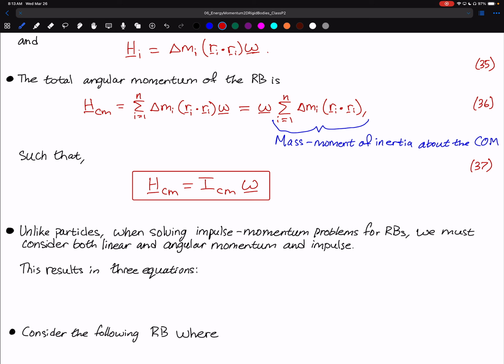You said that some of the angular momentum is going to cancel out because there are particles rotating in the opposite direction. Yeah, we're going to explore that. Yeah, the same question, for the velocity of the center of mass.